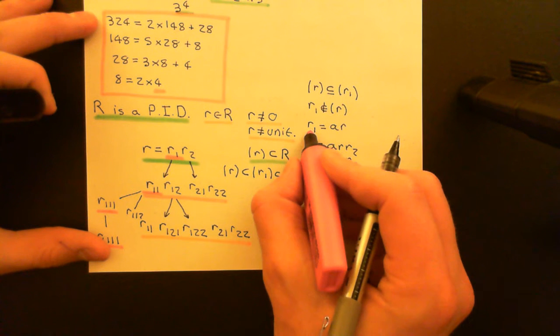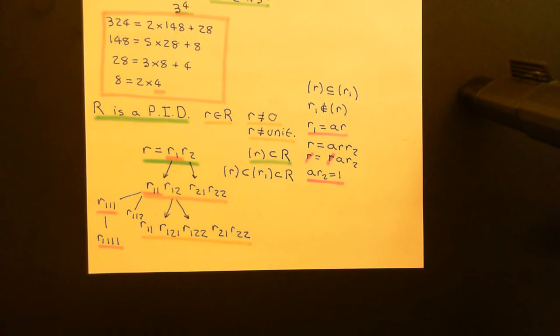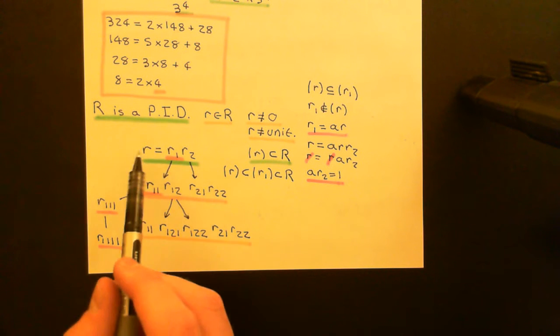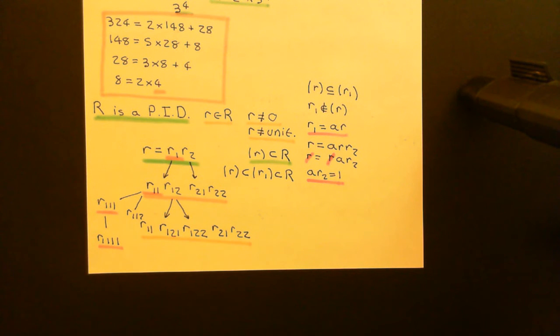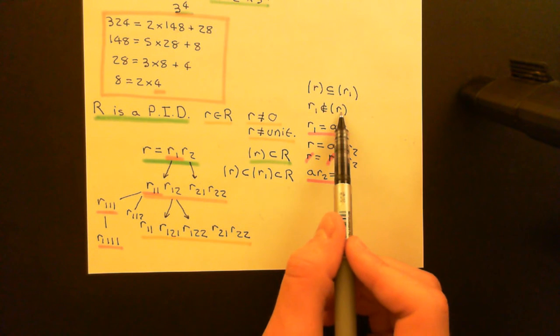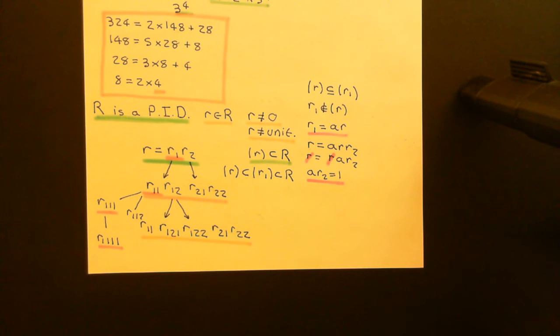If we assume that R1 is an element of the principal ideal generated by R, you can prove that R2 isn't a unit, which is rubbish because we assumed that R1 and R2 were not units, because R was assumed to be reducible and therefore could be written as two non-unit elements multiplied together. So indeed, that now shows us that R1 is not an element of the principal ideal generated by R, so this containment must be proper.